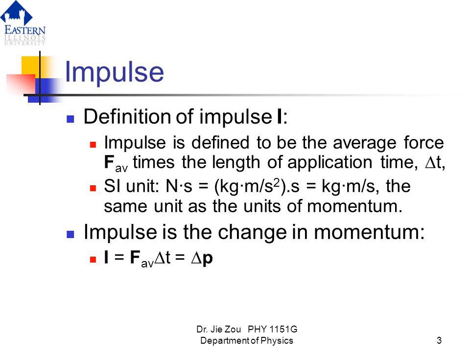Now, impulse is the change in momentum, that is I equals F average delta T equals delta P. I will explain it clearly.